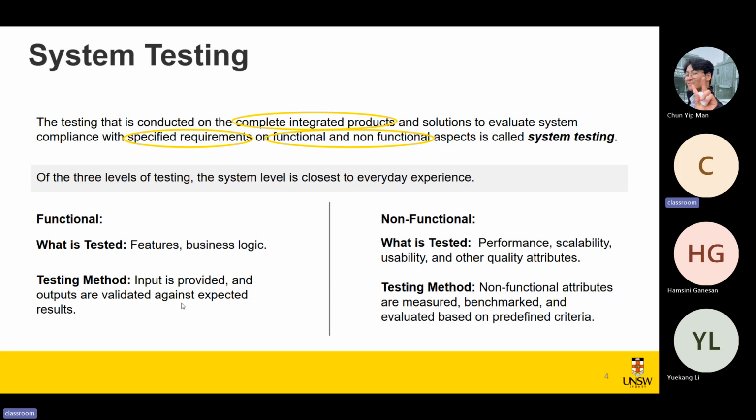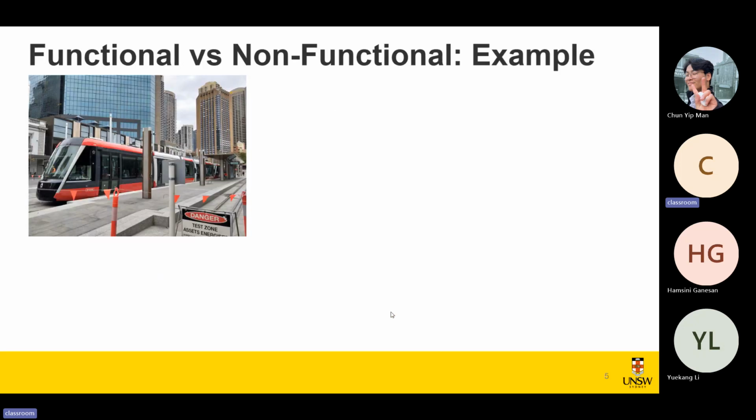So instead of validating against expected outputs, we evaluate the results based on some predefined criteria according to the non-functional attribute. So this is an overview of system testing.